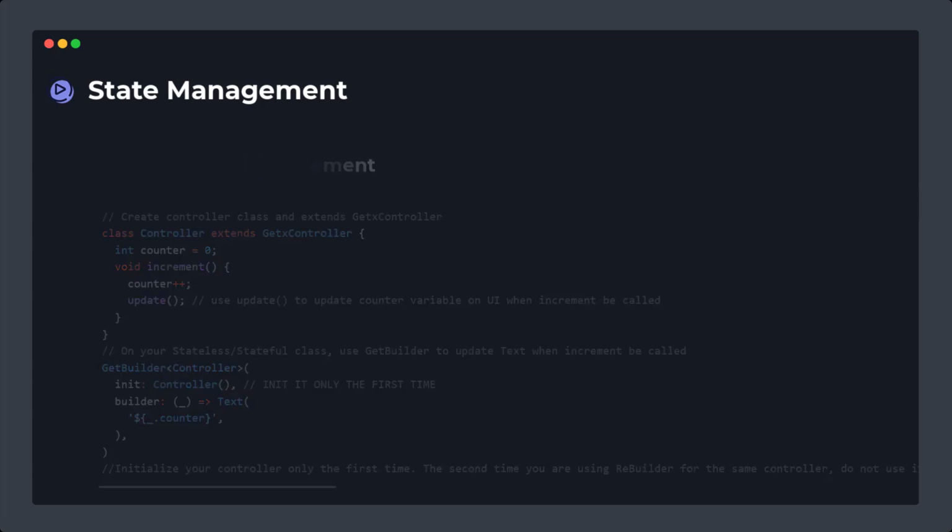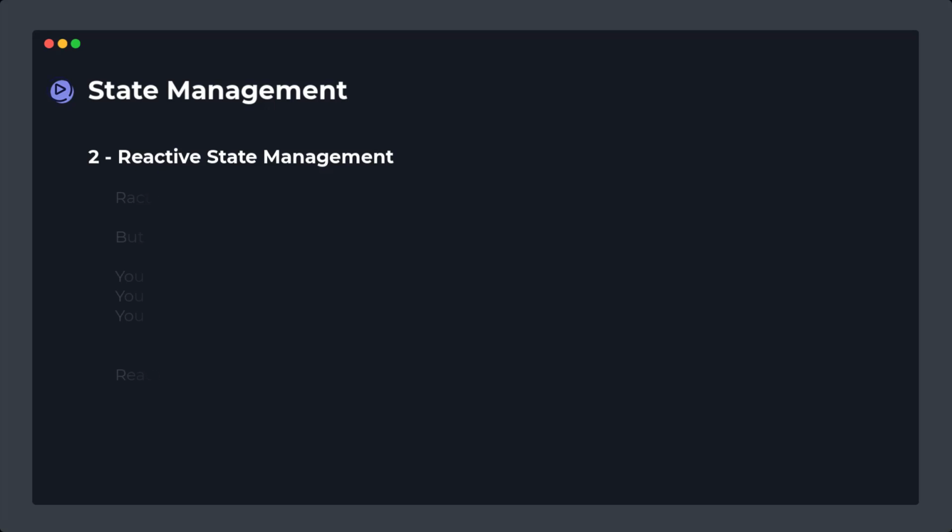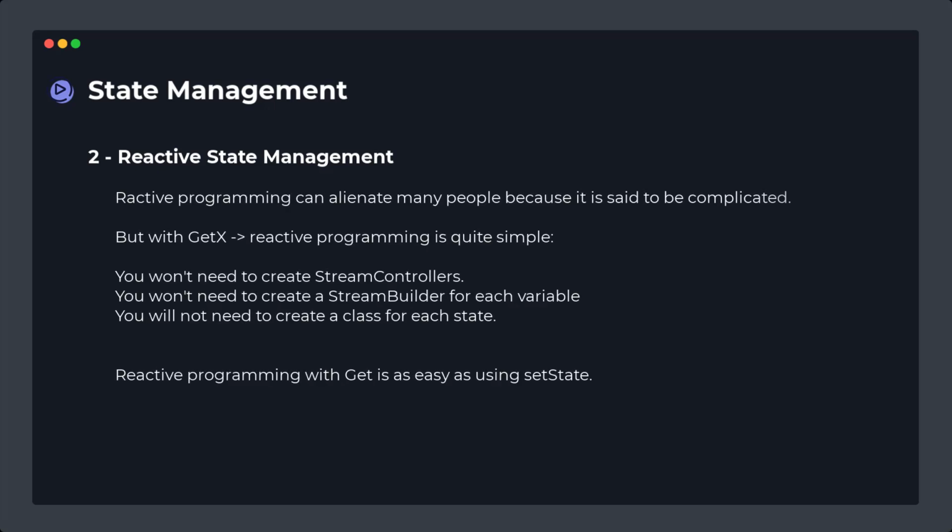If we talk about reactive state management, it is a bit difficult in other state managements, but when we talk about GetX, it is quite simple because we don't need to use stream controllers. We're not going to use any stream builder to create a single variable, or a stream builder for each variable, which would again be a large code.